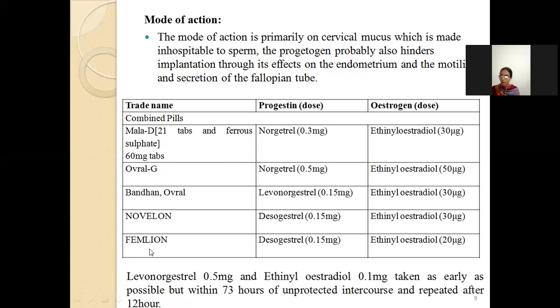And the last one is Femilon: the progesterone level is 0.15 mg and the estrogen level is 20 micrograms. So these are the different dosage forms used for oral contraceptives.